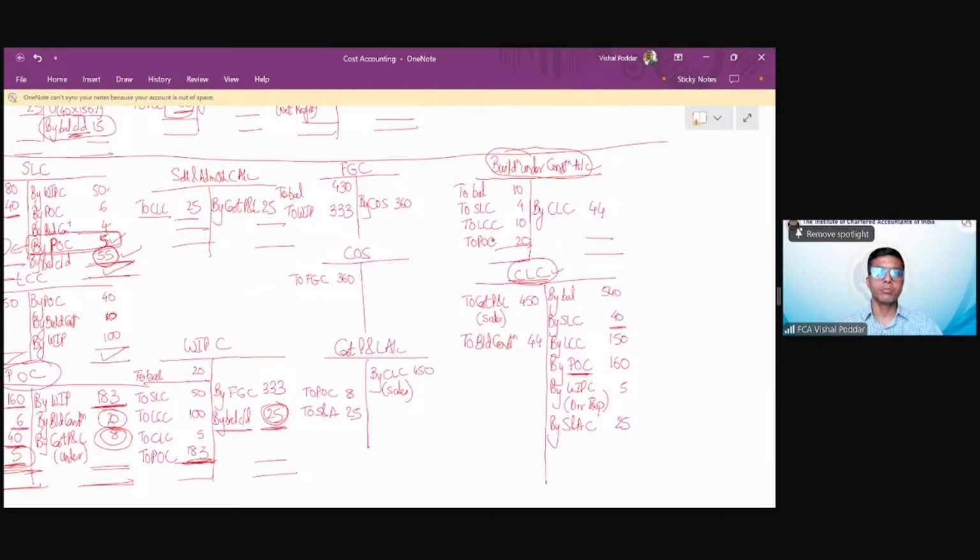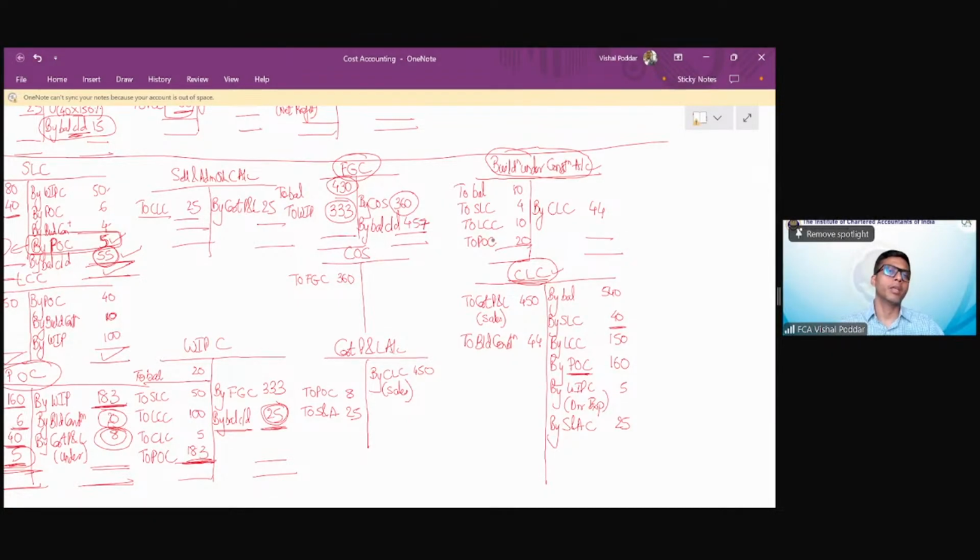Correct? Now, in my finished goods, I have opening. I have the finished goods received from factory. I have the finished goods which is given to my customer. So here I will have the closing balance. Please confirm.